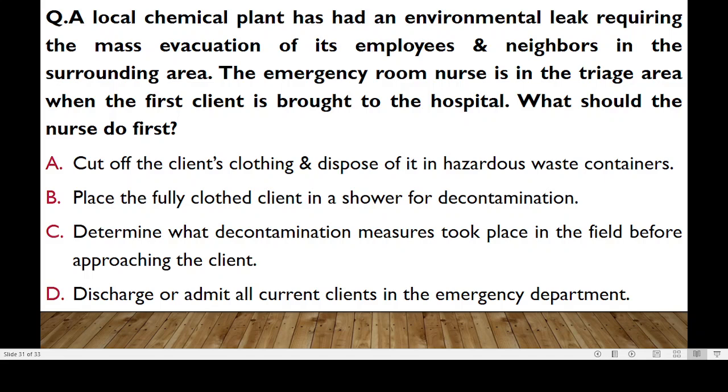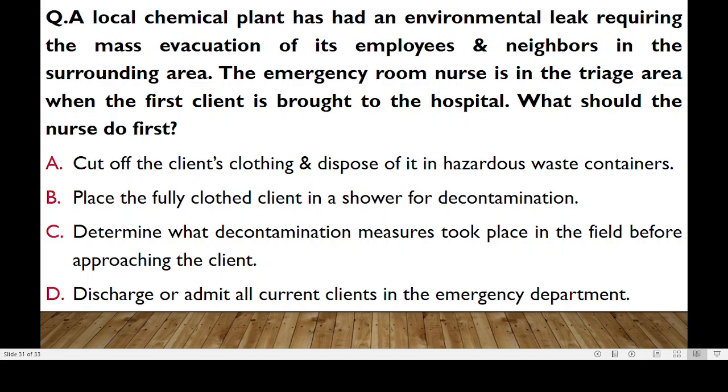Should they cut off the client's clothing and dispose of it in hazardous waste containers? Should they place the fully clothed client in a shower for decontamination? Should they determine what decontamination measures took place in the field before approaching the client? Should they discharge or admit all the current clients in the emergency department?